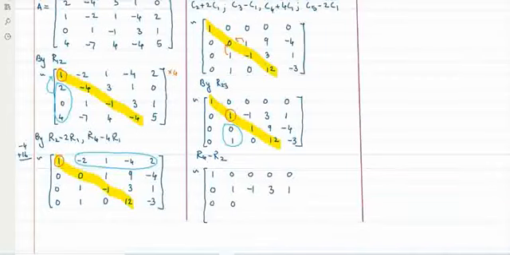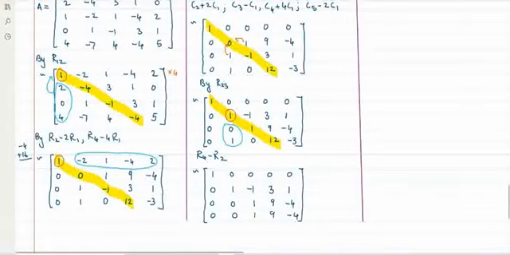Third also no change, 0, 0, 1, 9, minus 4. Fourth row: 0, 1 minus 1, 0, 0 minus 1, 12 minus 3 is 9, minus 3 minus 1 is minus 4. Okay. Now again, this is your diagonal entry.